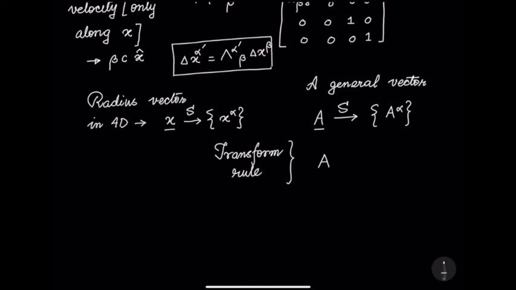The reference frame is essentially your arbitrary construction. The vector is a physical quantity which exists in nature. So it is the same for all the observers. So this is this, just like the transformation rule here. So let's put this in a box.